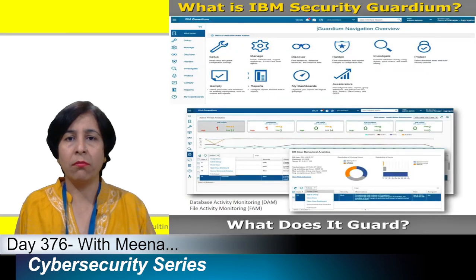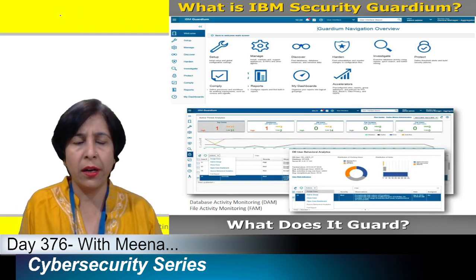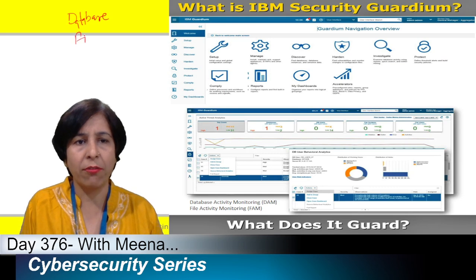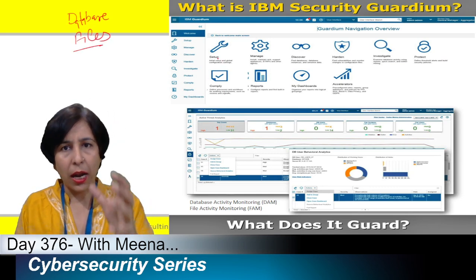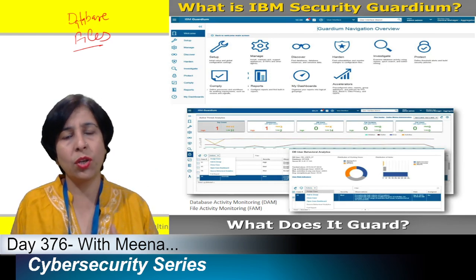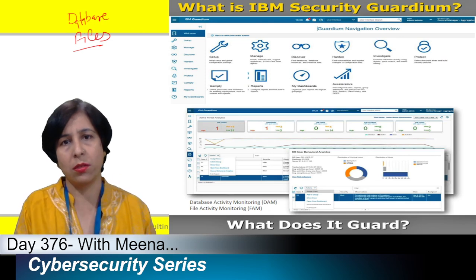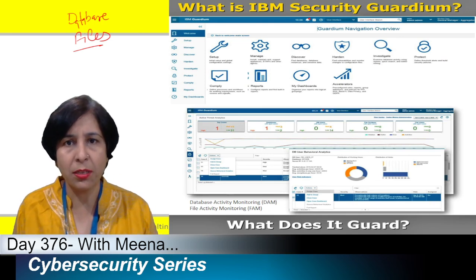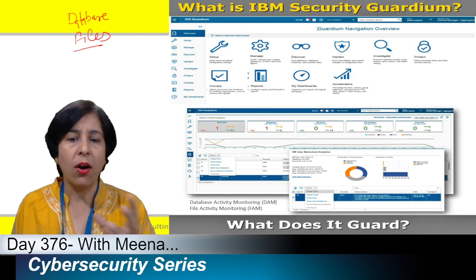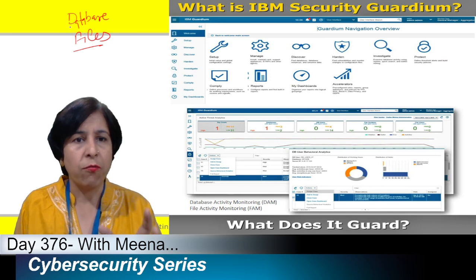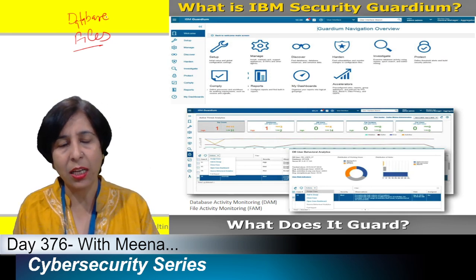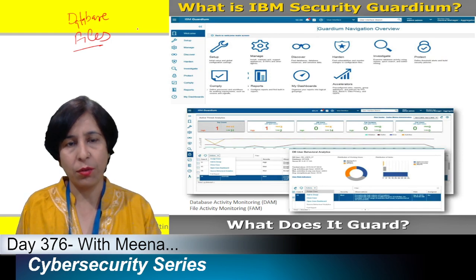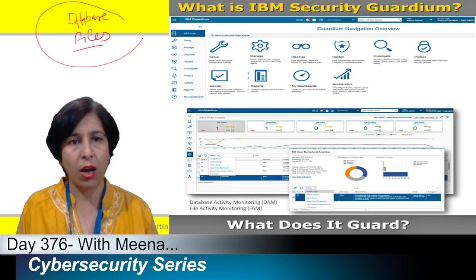First of all, when we are dealing with data, either in databases or in files, IBM Security Guardium offers two versions: database activity monitoring and file activity monitoring. So there are two versions available.